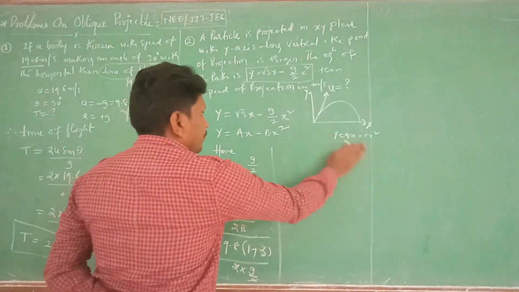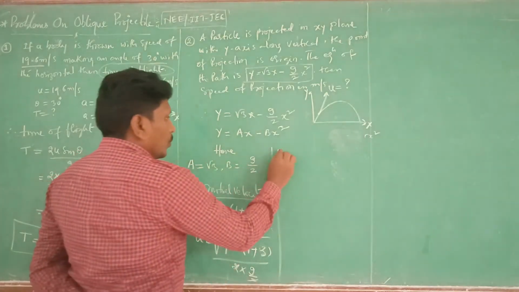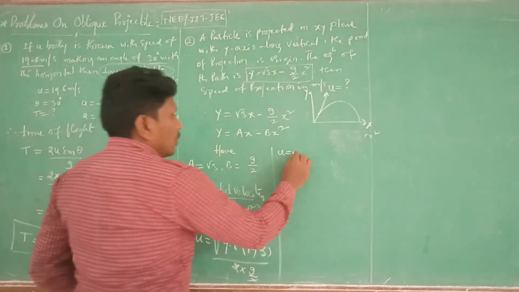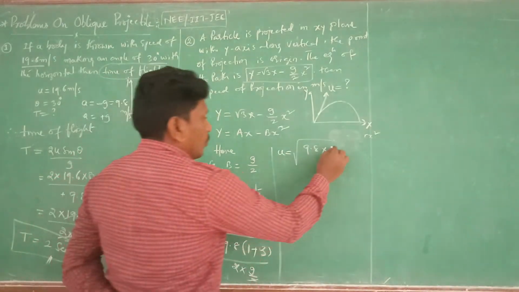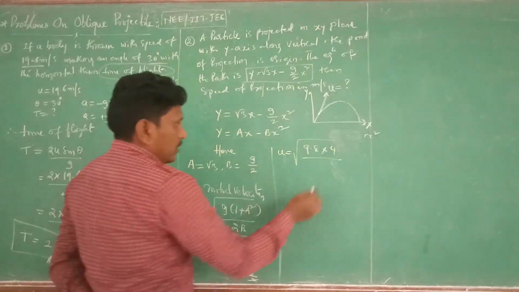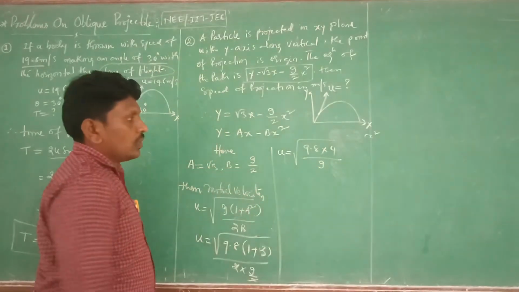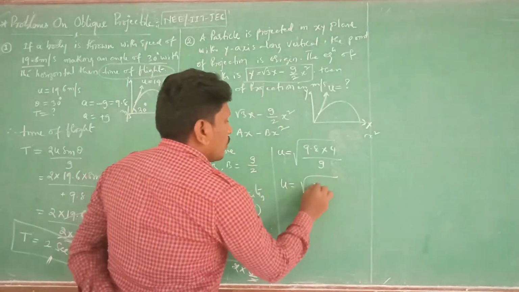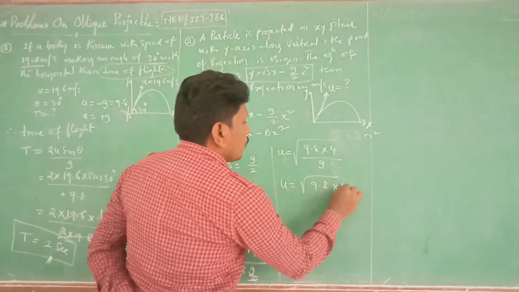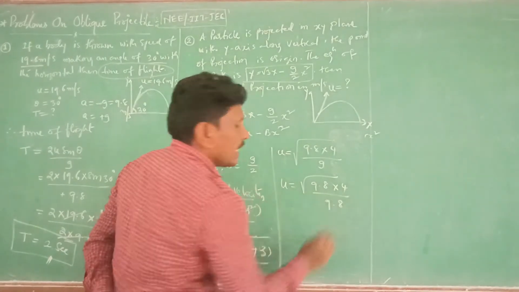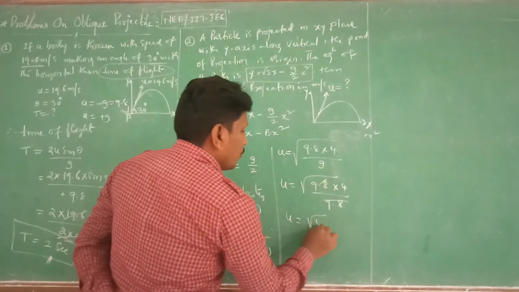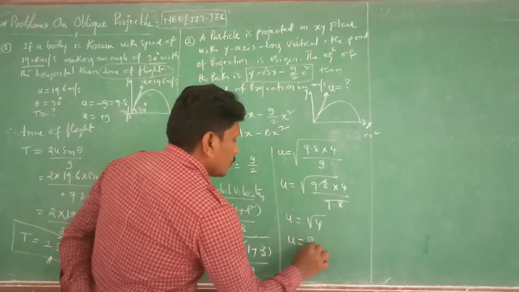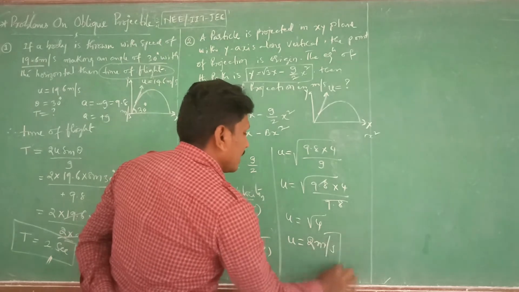Then u is equal to square root of 9.8 into 1 plus 3, 4 by g. So u is equal to square root of 9.8 into 4 by 9.8 only. Then u is equal to root 4. Then u is equal to 2 meter per second.